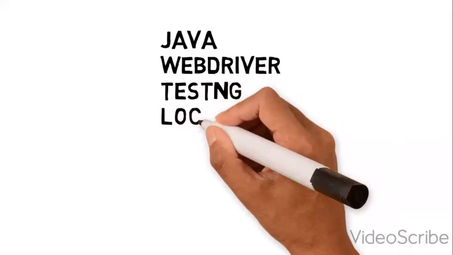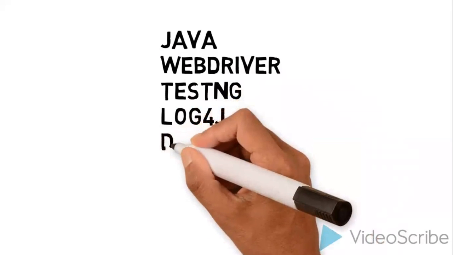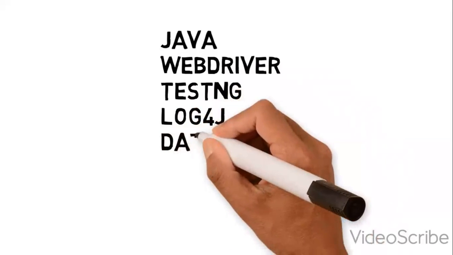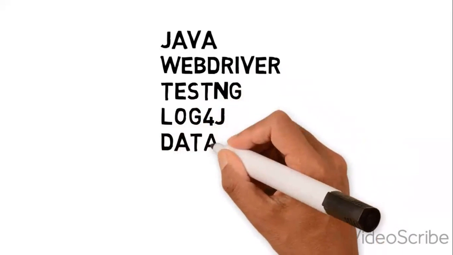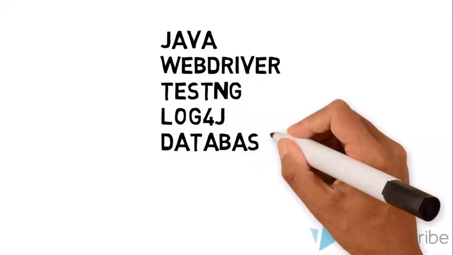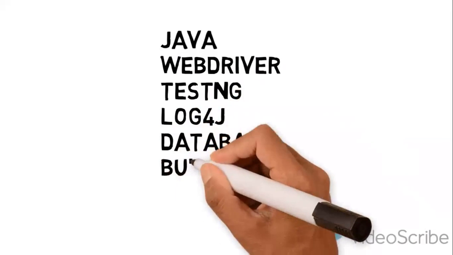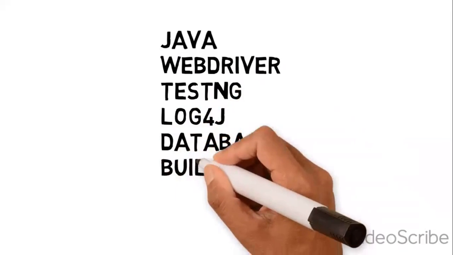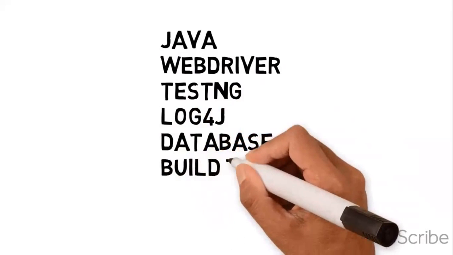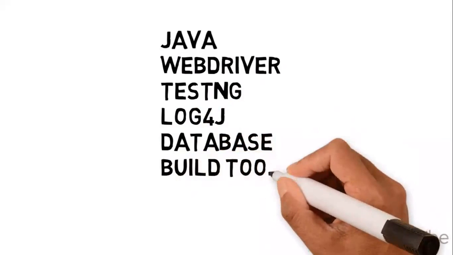So we will start understanding Java and get a good understanding of different topics in Java. And after that, we will move on to WebDriver, which is very easy for us to understand once we learn the core Java concepts.